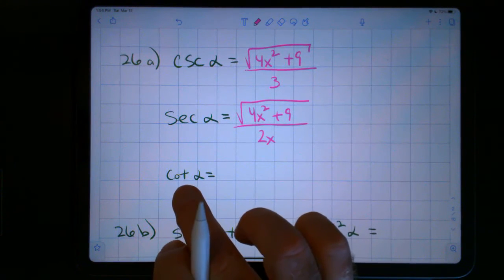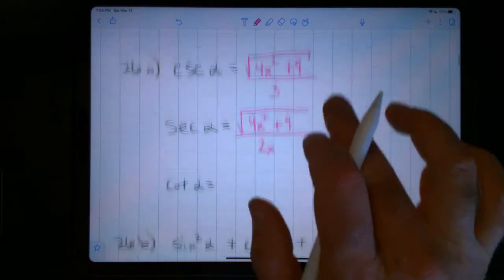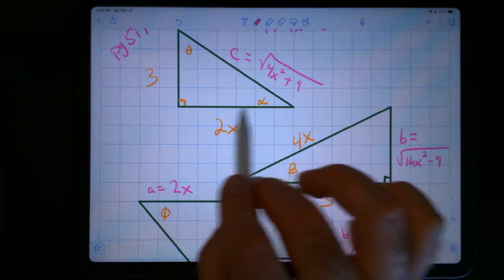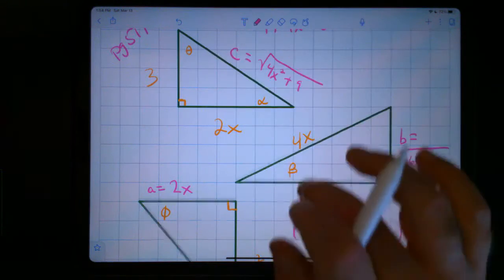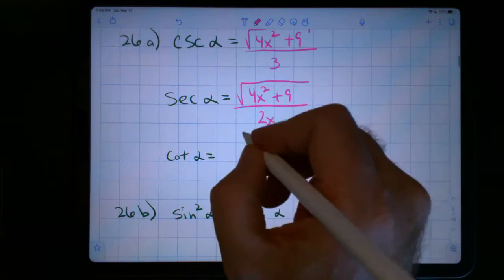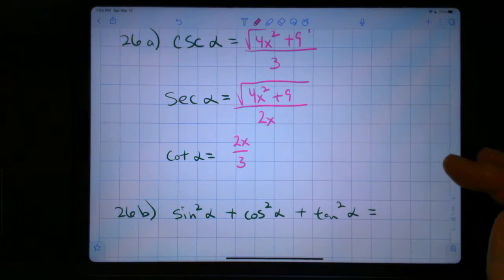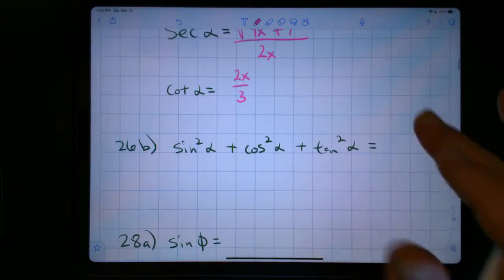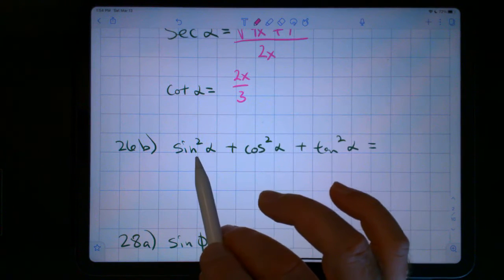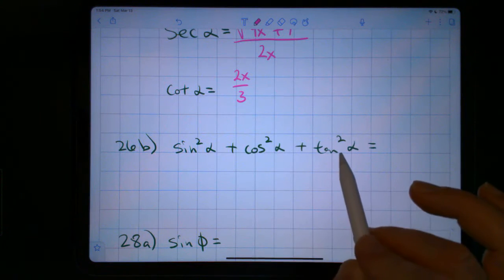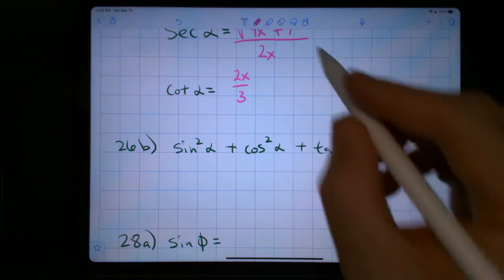Cotangent is cosine over sine. So we have the cosine over sine. Then we need sine squared alpha plus cosine squared alpha plus tangent squared alpha.